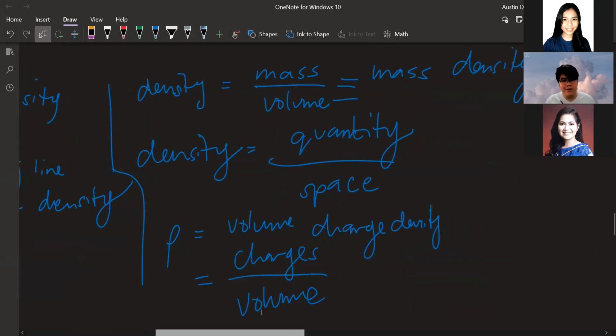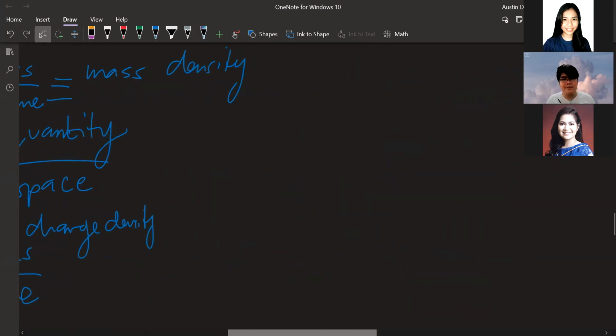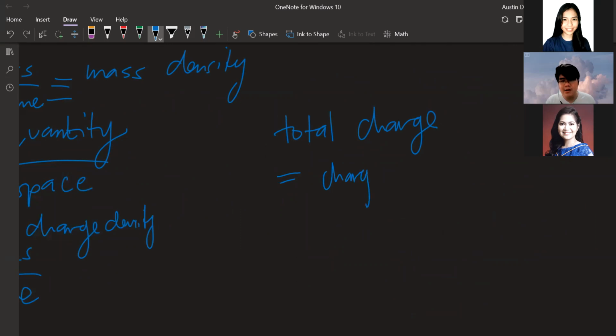So when we want to know the total charge, we want that yung density mo, charge, suratan sa baba para mas malinaw. Total charge will be charge density times all space. All space occupied. Okay.